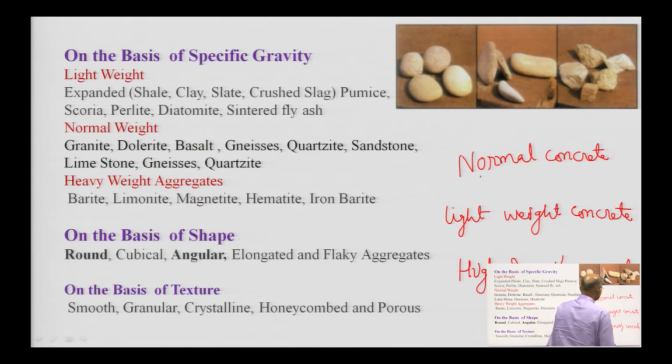Suppose you want to produce normal concrete. Normal concrete density will be around 22 kilonewton per meter cube to about 24 kilonewton per meter cube.